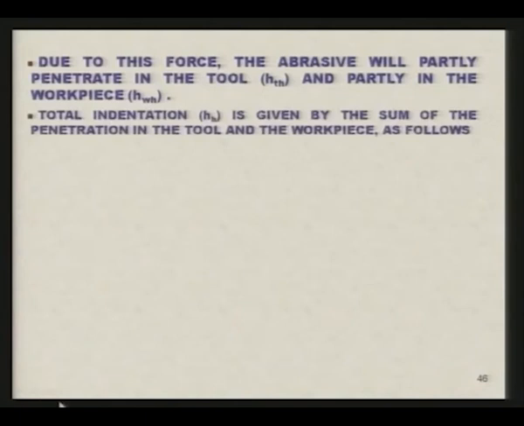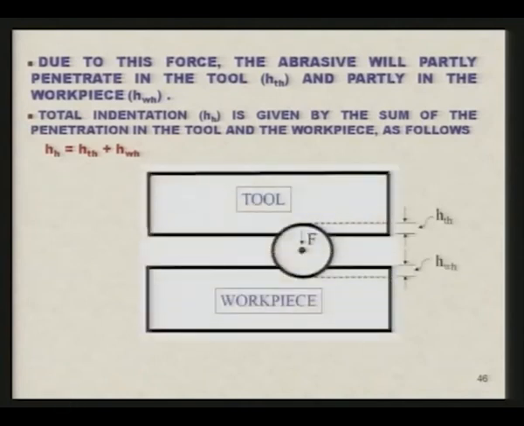Total indentation H_h during hammering is given by the sum of the penetration in the tool and the workpiece, and it can be expressed as H_h is equal to H_Th plus H_Wh. This is very clear from this figure.